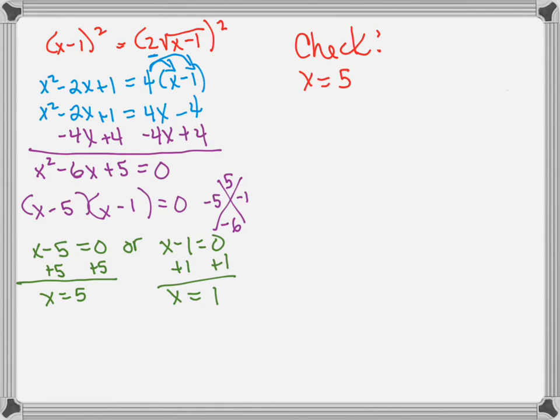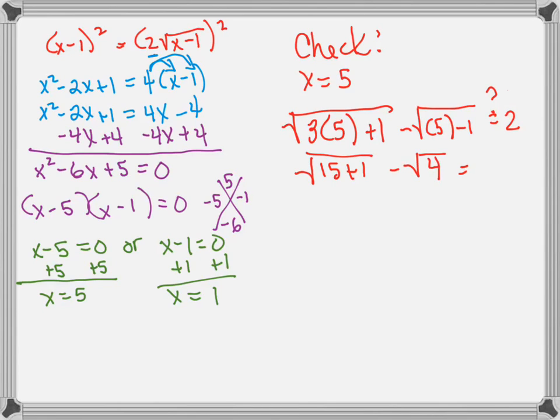So let's first check x equals 5. And I'm going back to my very original equation and substituting in. So the square root of 3 times 5 plus 1 minus the square root of 5 minus 1, does that equal 2? The square root of 15 plus 1 minus the square root of 4, does that equal 2?